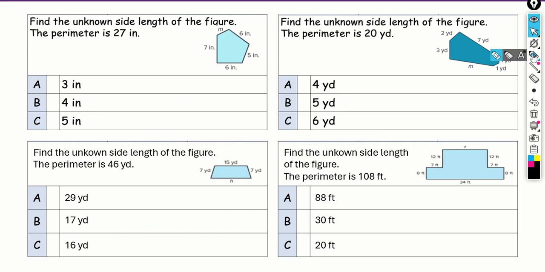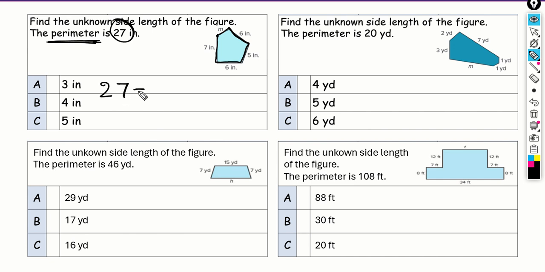Now here you have to find an unknown. What is an unknown? This is what you don't know. Now here, remember, perimeter is the sum of all sides: this plus this plus this plus this and this. All together is given as 27.